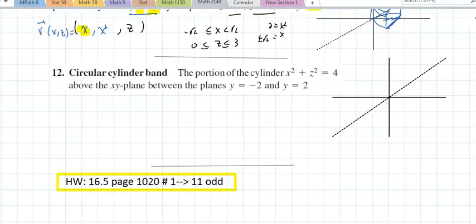Okay, last problem I want to look at before, again, not the last problem of the section, but for this homework. Portion of a cylinder above the xy plane between x equal negative 2 and 2, so something like this, and it runs between negative 2 and z equal 2, so something like this, right?